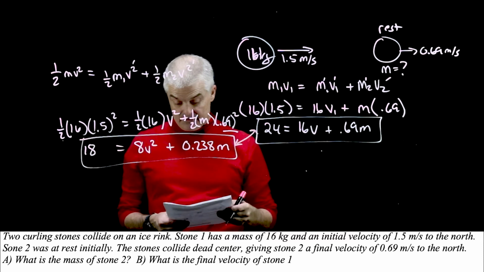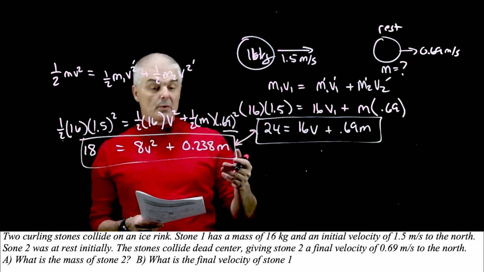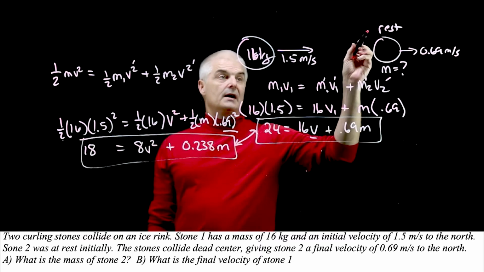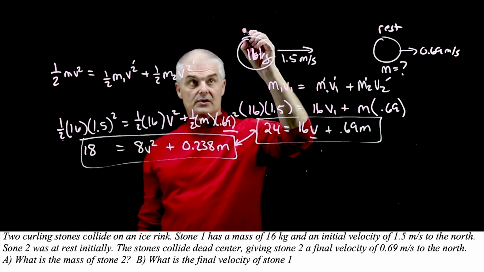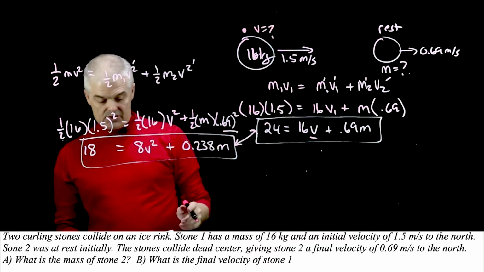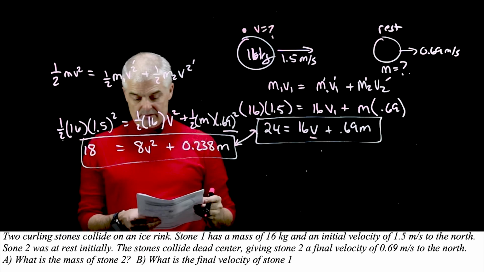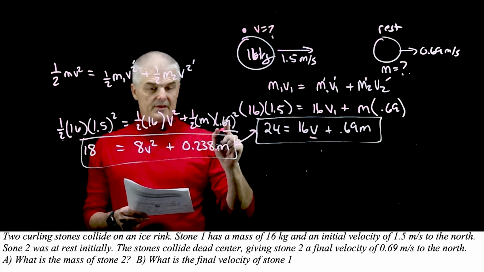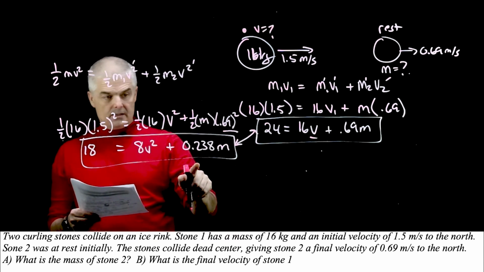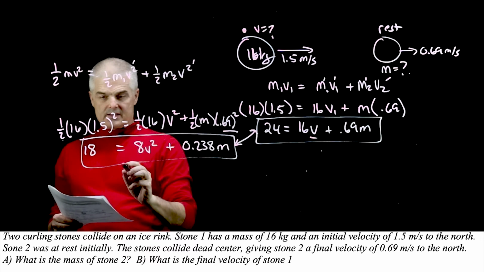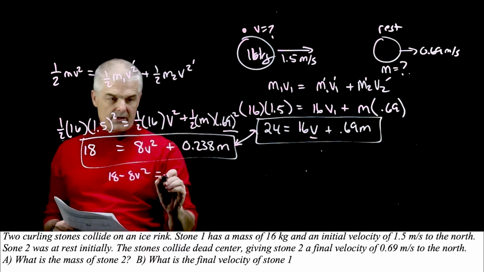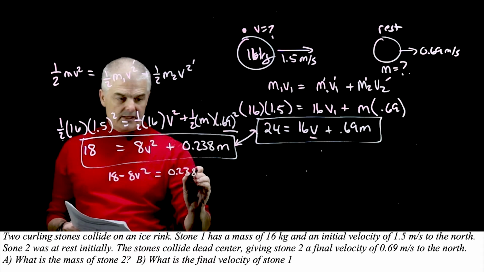I'll show you how I did it, because we want to find m and v. That's what they're asking for: what's the final velocity of the initial stone, so v equals question mark, and what's the mass of the other one. The way I set this up is I solve for m from this equation. If I subtract 8v squared from 18, then 18 minus 8v squared equals 0.238m.